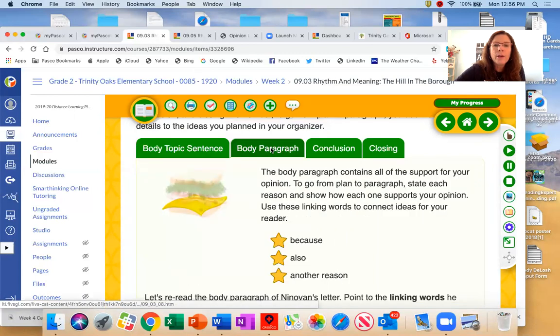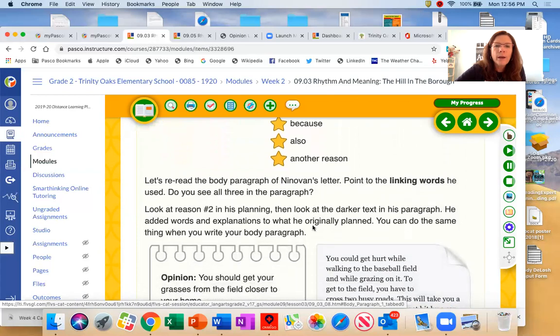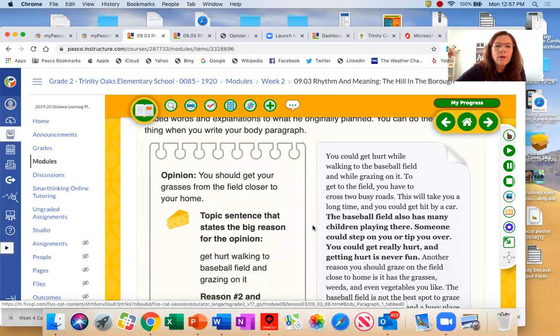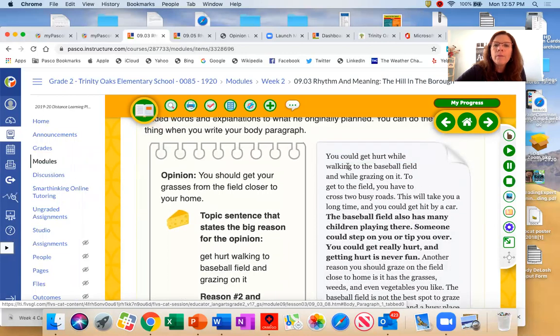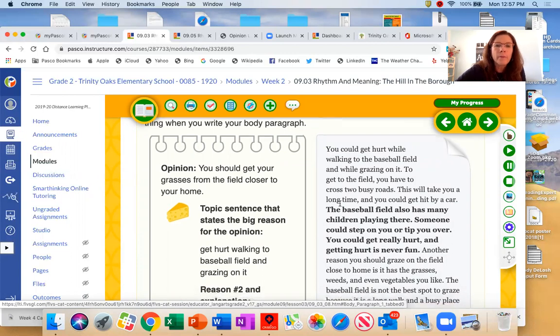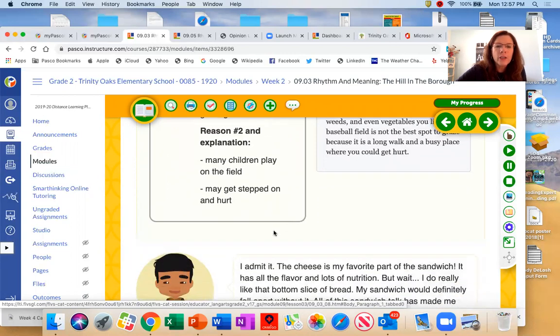The body paragraph. So this talks about how to write your body paragraph. And it gives you an example of a body paragraph, not for our tortoise, but about playing baseball. And it talks about the topic sentence and reasons and explanations.